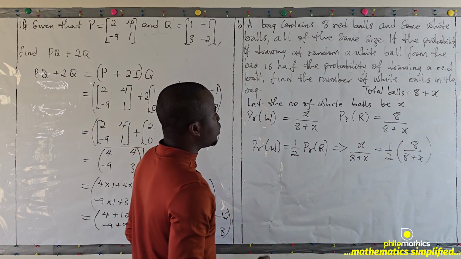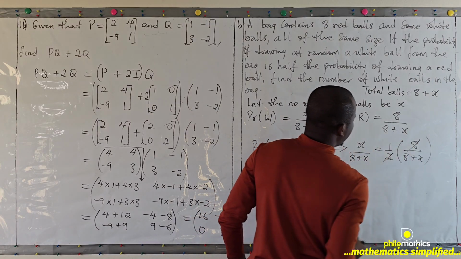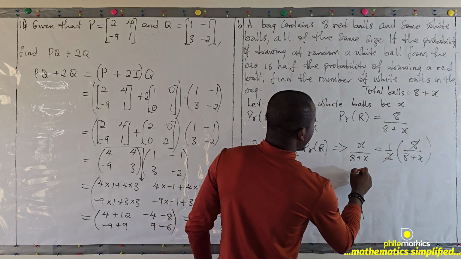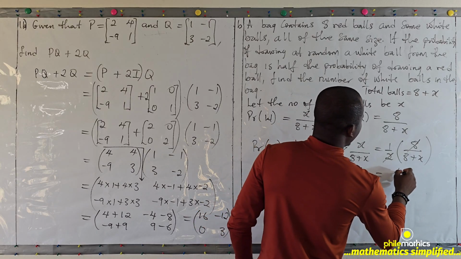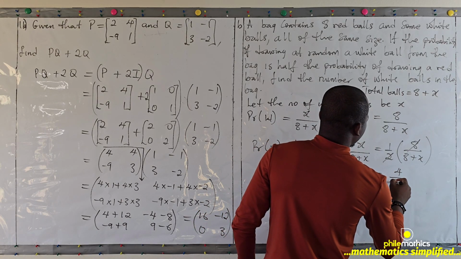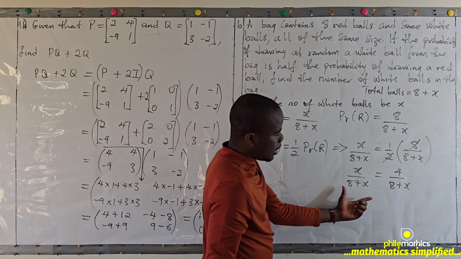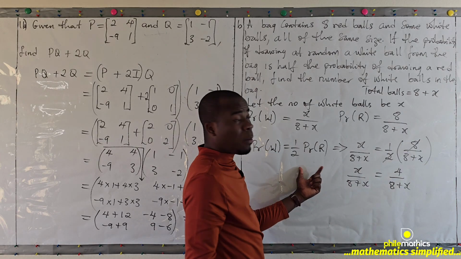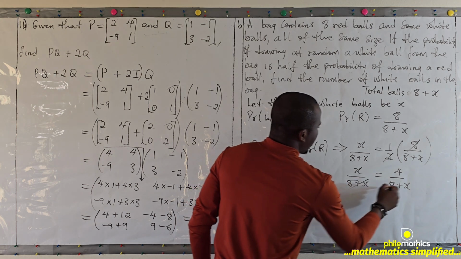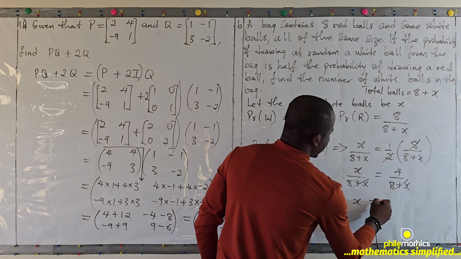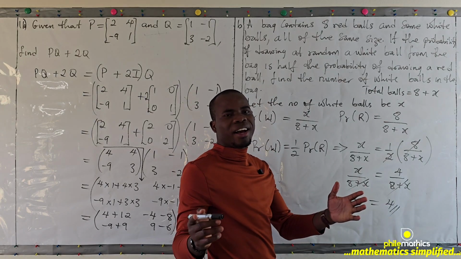Find the number of white balls in the bag. Half of 8 is 4. And so we have x over 8 plus x equals 4 over 8 plus x. This 8 plus x can cancel each other. If I multiply through by the LCM, 8 plus x, this can go with this, and so x is simply 4. So there are 4 white balls in the bag.